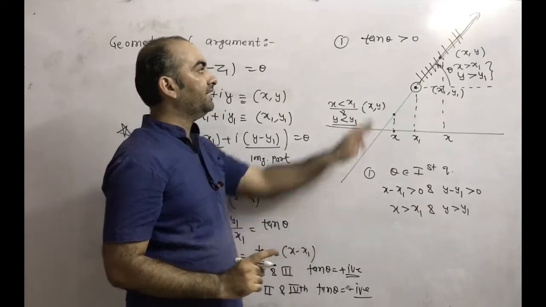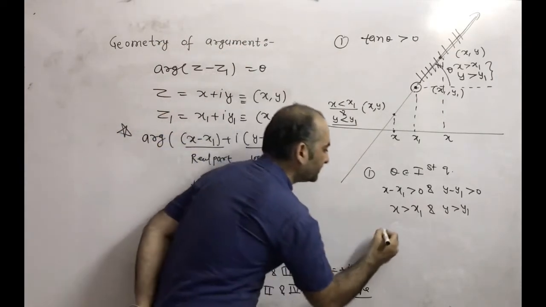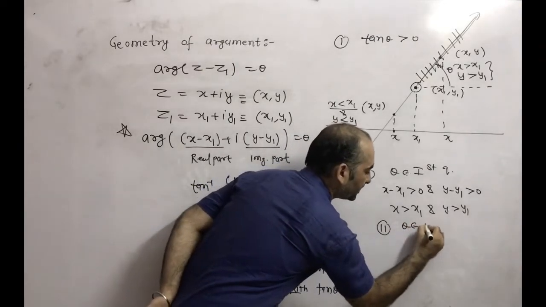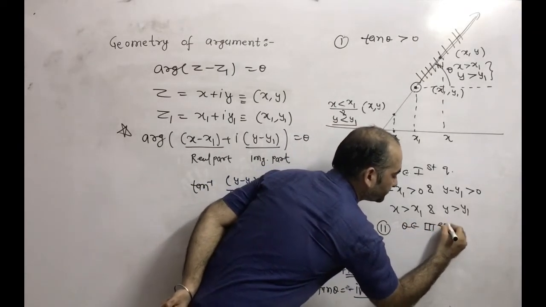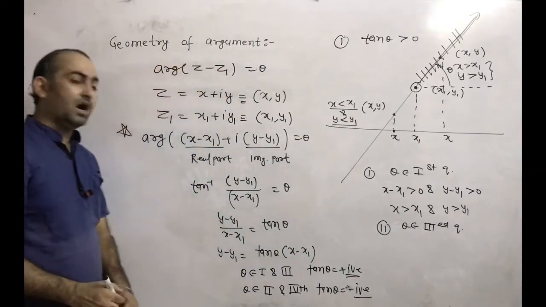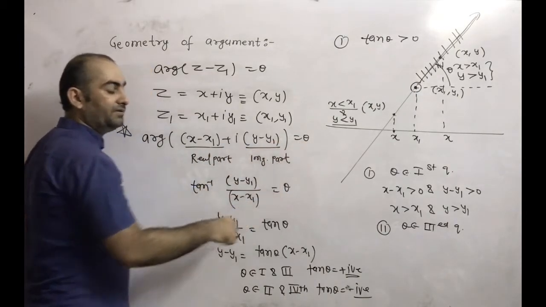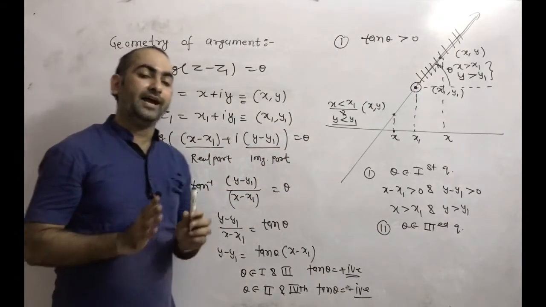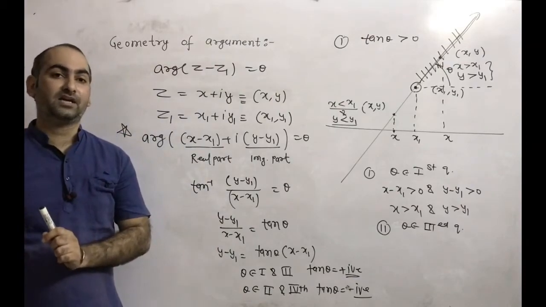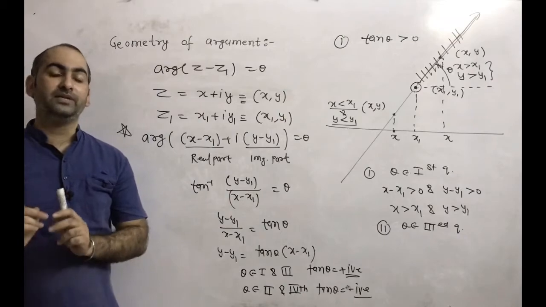Second case: tan theta is positive if theta is in the first or third quadrant. So the second case is theta belongs to the third quadrant. In the third quadrant, argument of x minus x1 plus i times y minus y1 equals theta. If theta is in the third quadrant, that means the complex number's argument lies in the third quadrant, so its real part and imaginary part should both be negative.